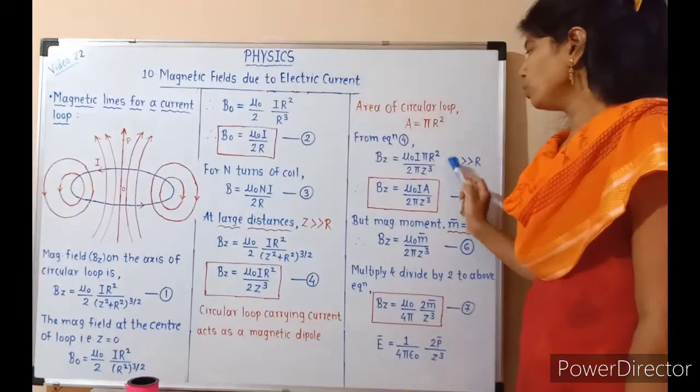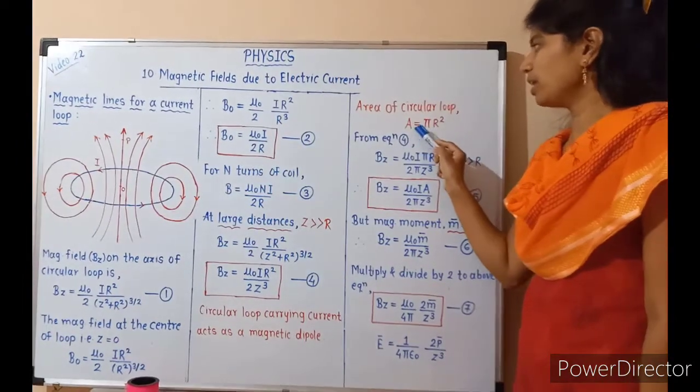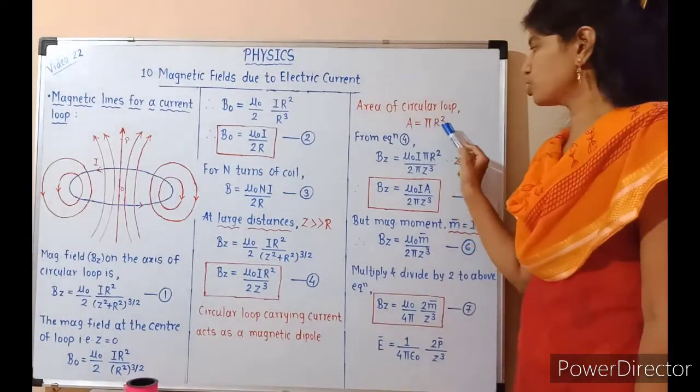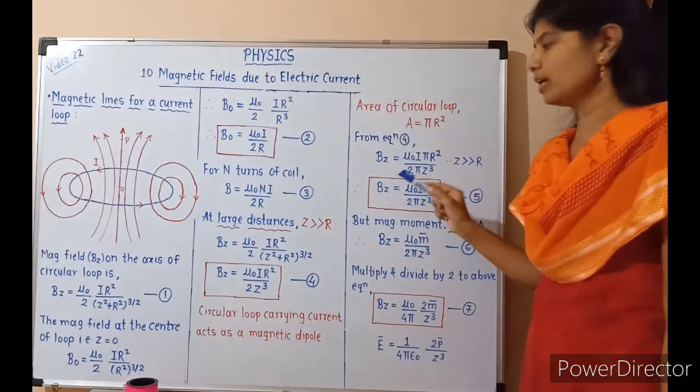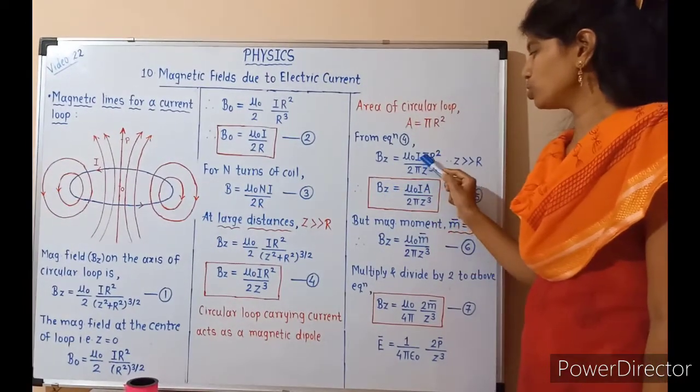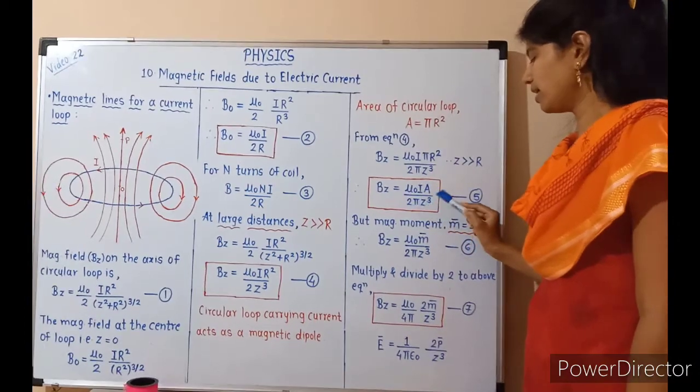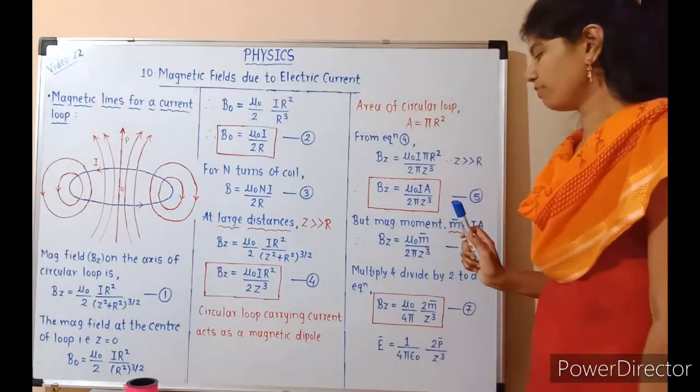Now this pi r square is nothing but the area of the circular loop A, so substitute pi r square is equal to A, we get Bz is equal to mu 0 I A upon 2 pi z cube. This is your equation number 5.